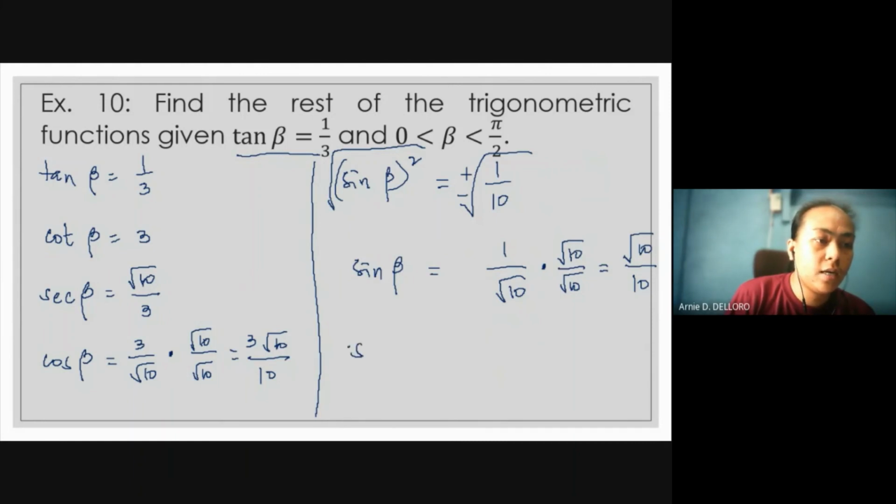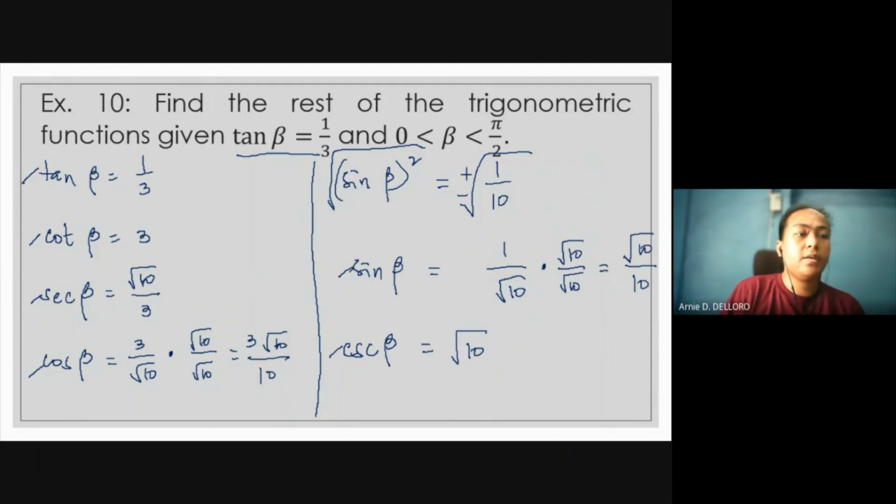Yung cosecant beta is equal to yung reciprocal ng 1 over square root of 10, or ito lang. Okay? So we have tangent, cotangent, secant, cosine, sine, and cosine.